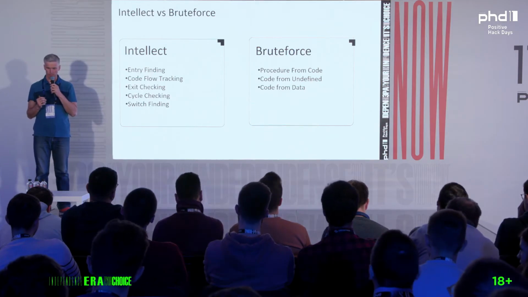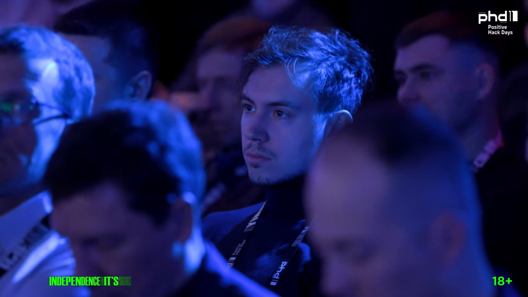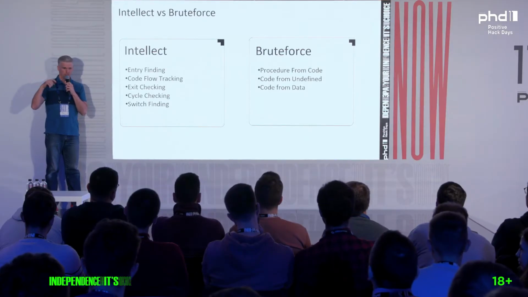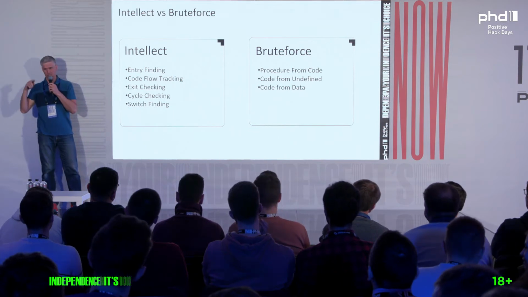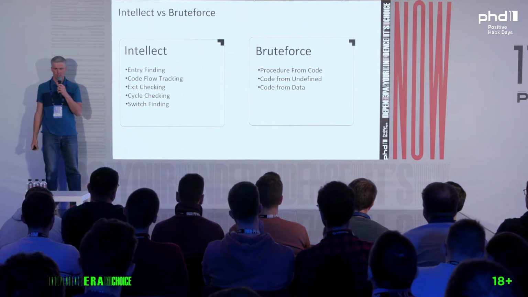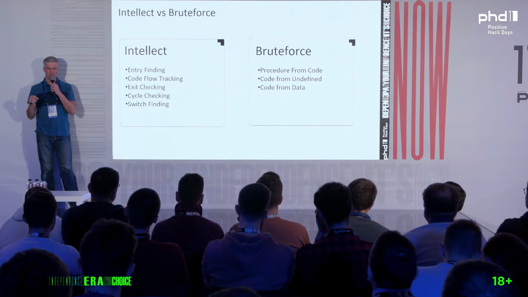Well, in order to do that, you can either brute force it, or you can do it intelligently. So IDA Disassembler will find entry points to procedures, it will parse the whole code, checking which addresses individual procedures are pointing to, and looks for all the exit points, looks for loops and cycles, and it also looks for switch commands.